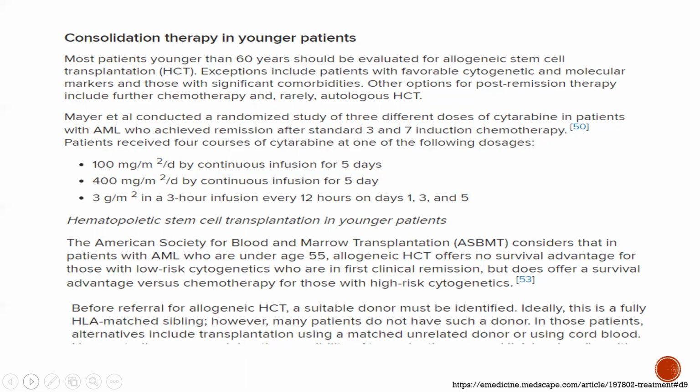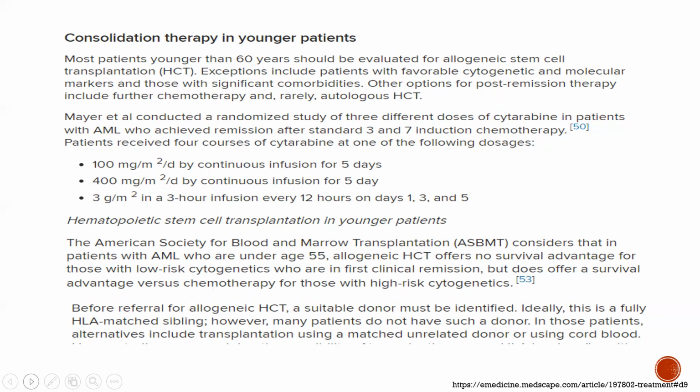The American Society of Blood and Marrow Transplantation considers that in patients with acute myeloid leukemia who are under the age of 55, allogeneic stem cell transplantation offers no survival advantage for those with low risk cytogenetics who are in first clinical remission, but does offer survival advantages versus chemotherapy for those with high risk cytogenetics.